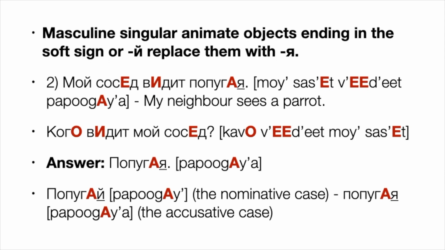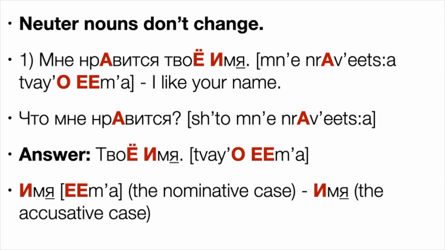Кого видит мой сосед? Answer: попугая. Neuter nouns don't change. For example, мне нравится твое имя. Что мне нравится? Answer: твое имя.